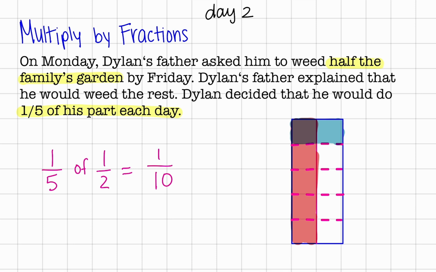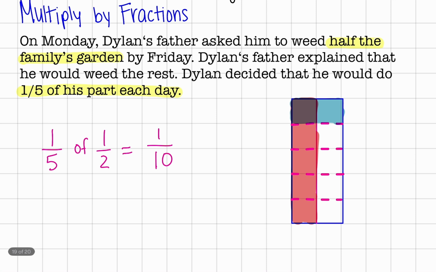So each day he is weeding 1/10 of the garden. Remember that from yesterday? If we wanted to write this with multiplication, we could say 1/5 times 1/2, because "of" is the same as multiply. 1/5 times 1/2 is 1/10.